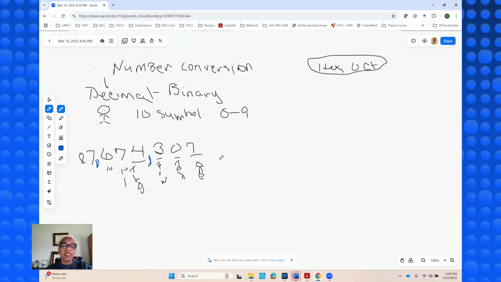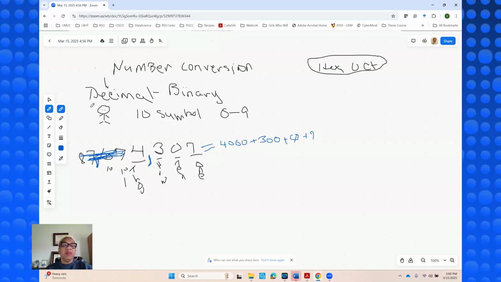Going back to the original number of 4,307, we're actually saying 4,000 plus 300 with 0 tens plus 7. We learned this in elementary school, and now as adults we just do this automatically.